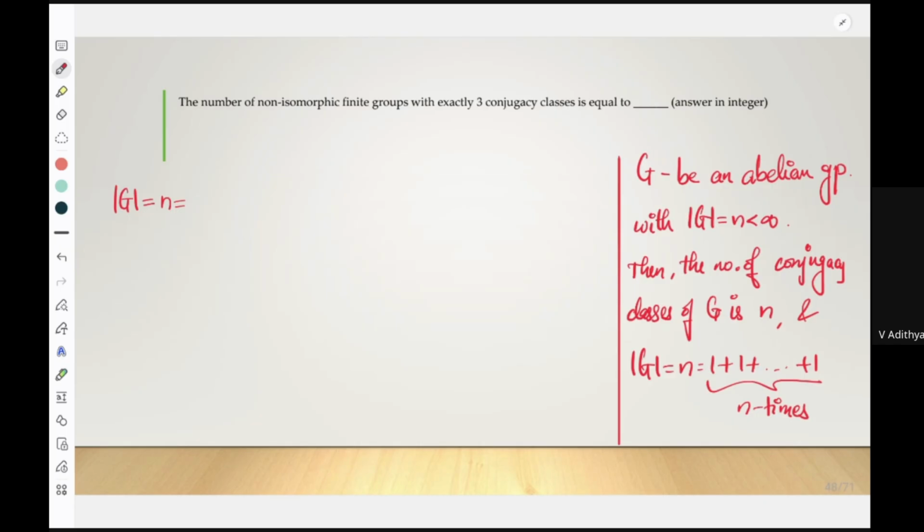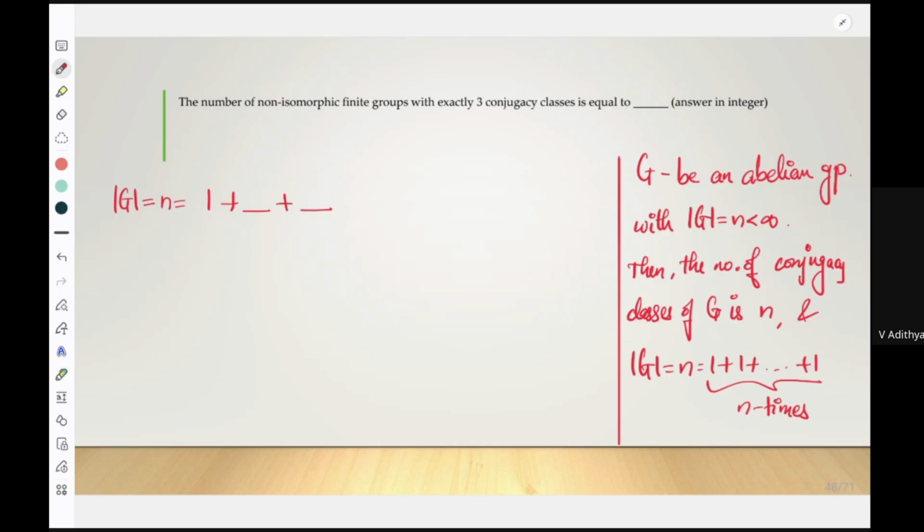So now n, you have to write it as something plus something plus something, because the class equation will have exactly 3 parts. It has exactly 3 conjugacy classes. We always have a 1 at the start because the identity always belongs to the center of the group, and that gives us a 1, which is the conjugacy class of the identity.